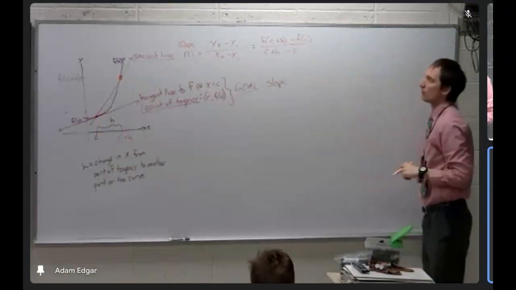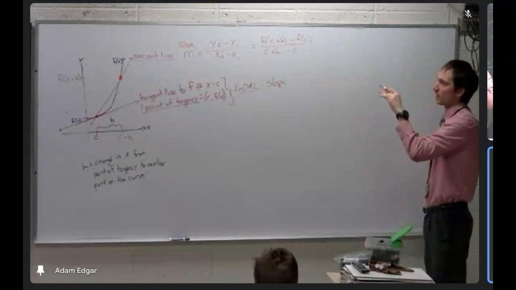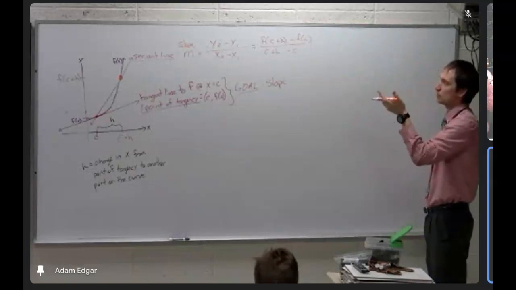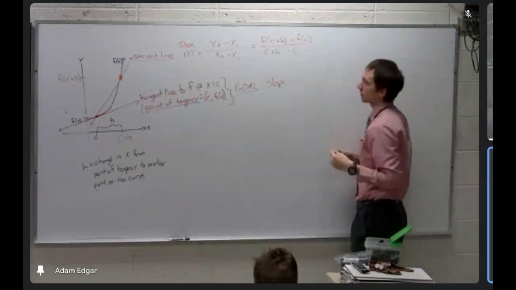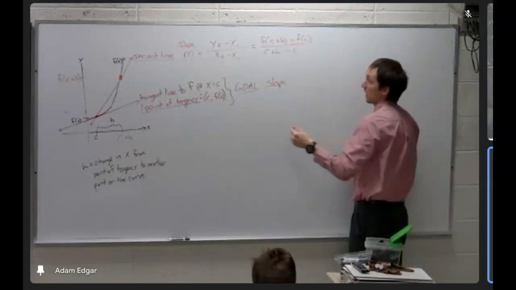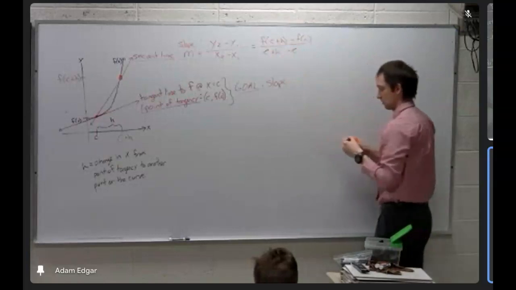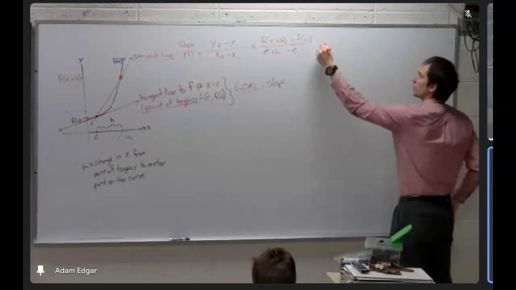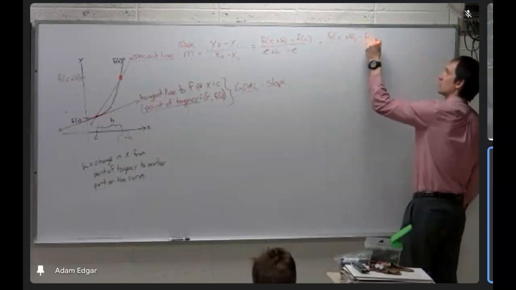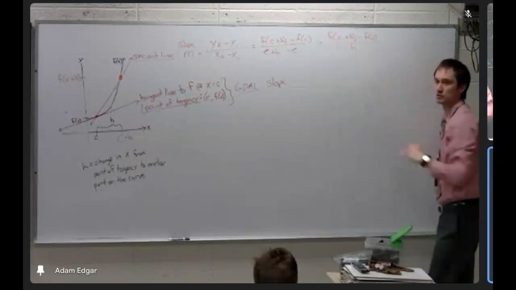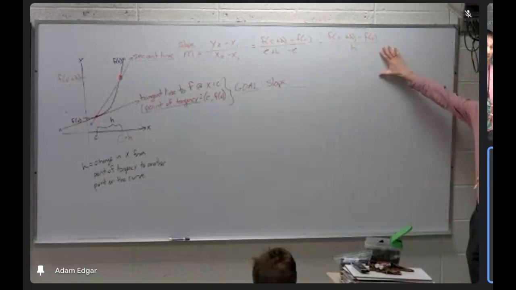Now, looking at your denominator, what can you do? Yeah, you can look at these c's and say, I can cancel those out. And so you're left with f of c plus h minus f of c all over h. Now, that should look semi-familiar.